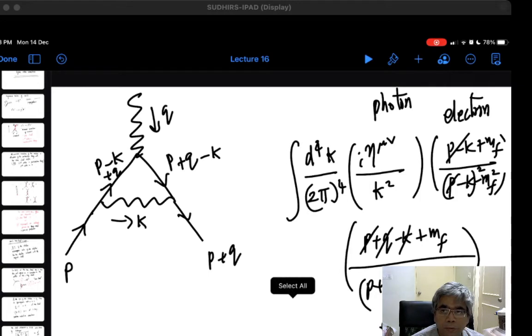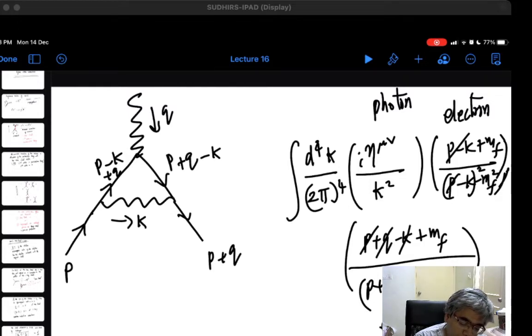The point is, because this goes from minus infinity to plus infinity, you have to know whether this integral is convergent or divergent.